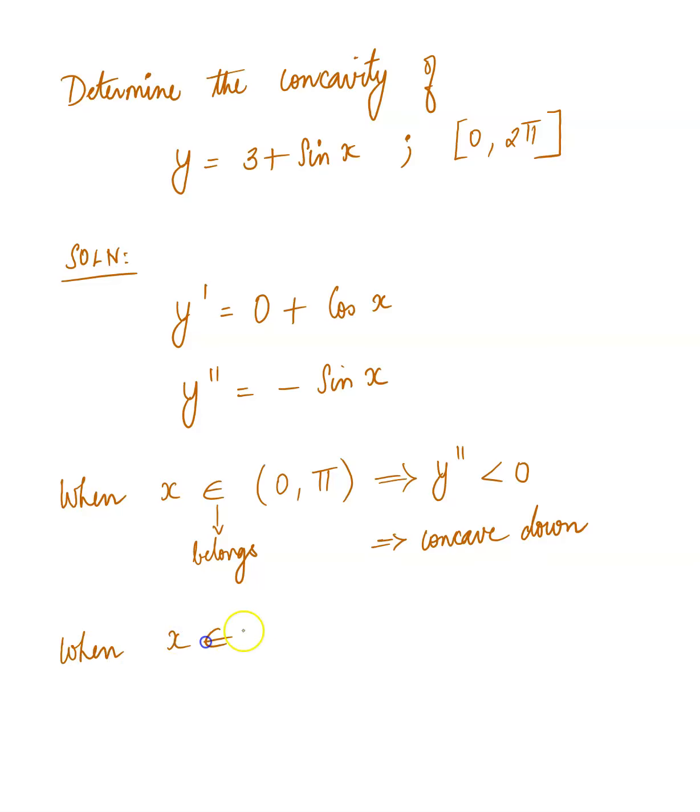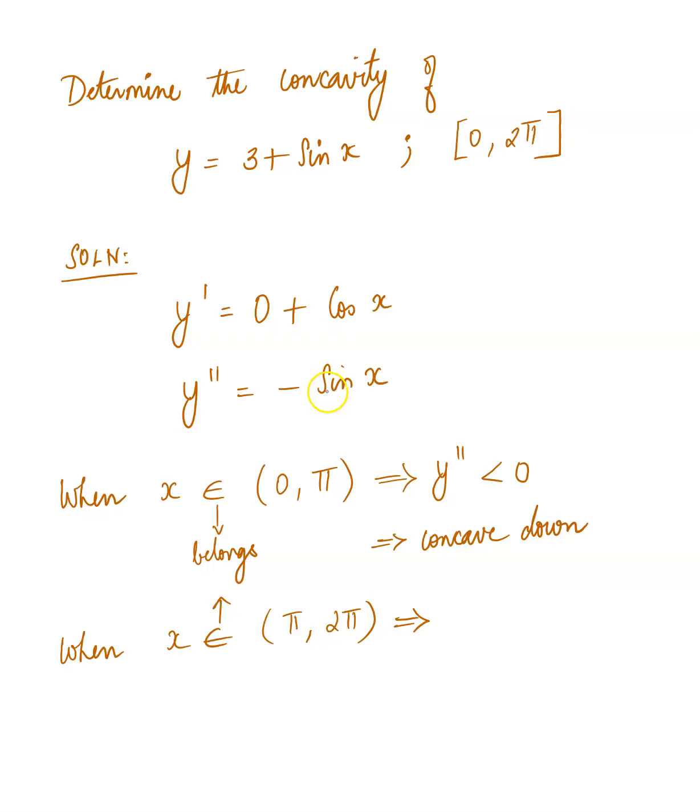And when x belongs to this interval, pi to 2 pi, now this time it's 3.14 to 6.28, so choose a value in between. Say you can choose 5 maybe, and then see what that will give us. Remember there's a minus here, right?